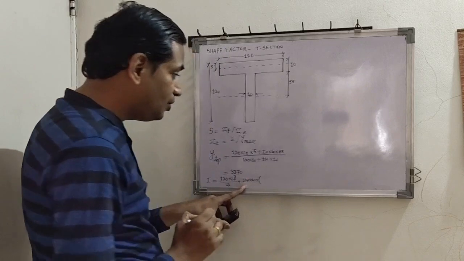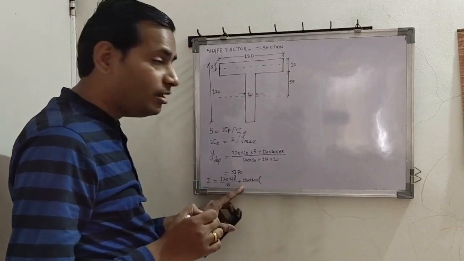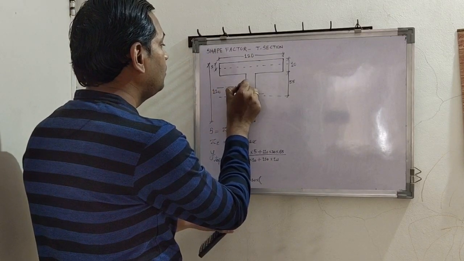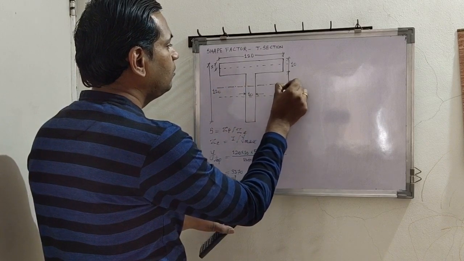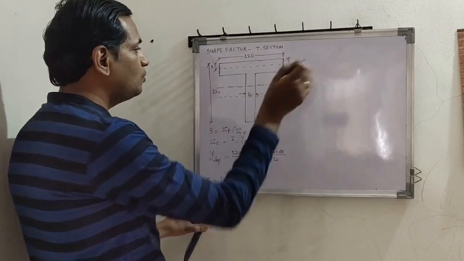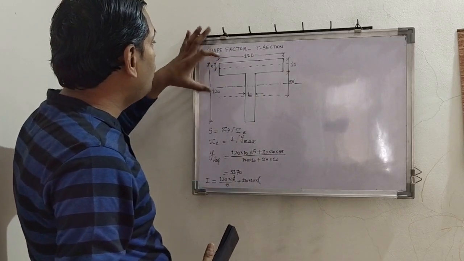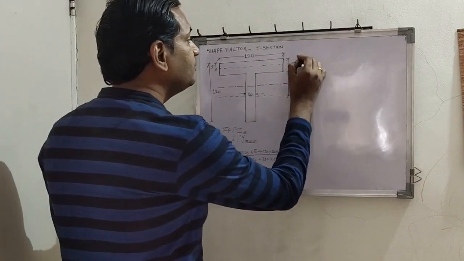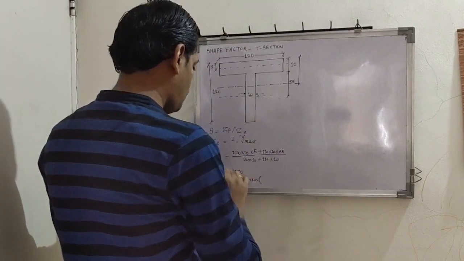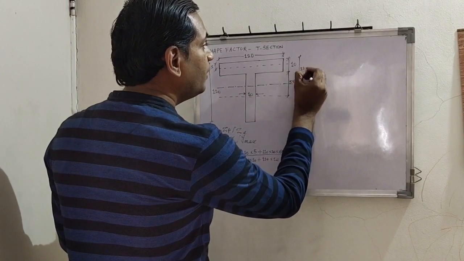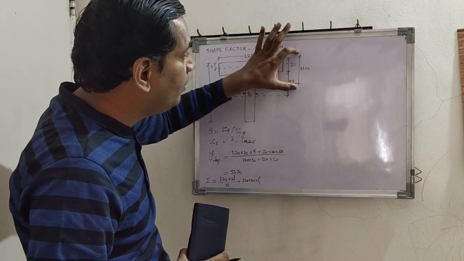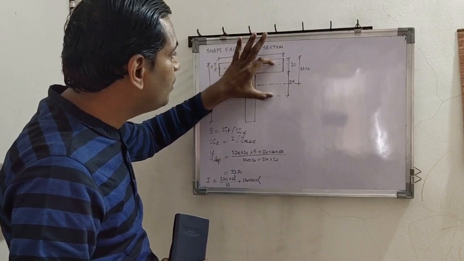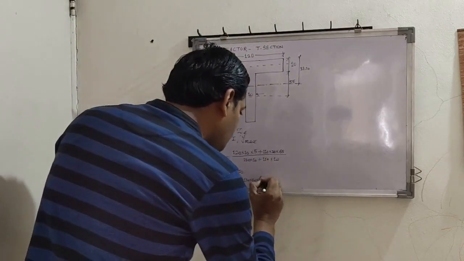H is distance between neutral axis and centroid of area. So what is the distance? CG of A1 is 5 from top. Neutral axis is at 33.7 from top. So you will find out this difference, 33.7 minus 5. Okay. So this distance we want. This is H.